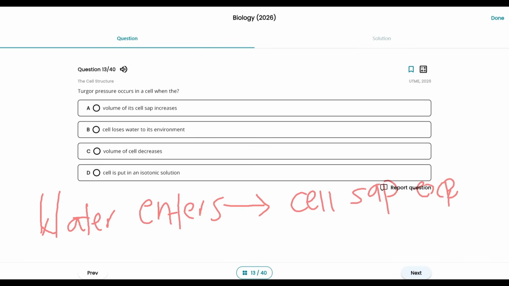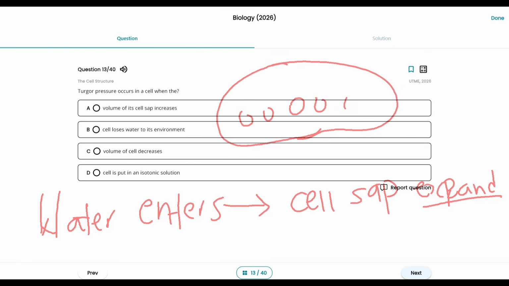Yeah, the cell sap expands. So when water enters, the cell sap expands, then the cell membrane increases against the cell wall. Let me draw it again. So these are the cell content. What happens is that when water enters, the cell sap will expand.